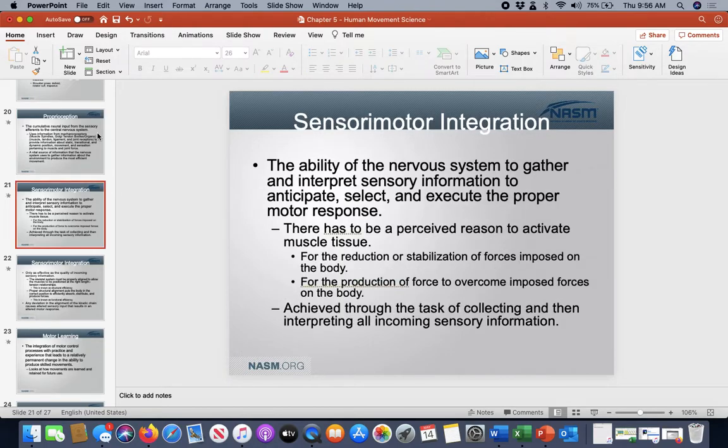Okay, so there's your sensory motor integration. So again, working with the nervous system. What we're saying here is it's the ability of the nervous system to gather that information that's been sent to the central nervous system, the spinal cord and the brain, and interpret it. And then it executes the proper response, meaning the proper movement.